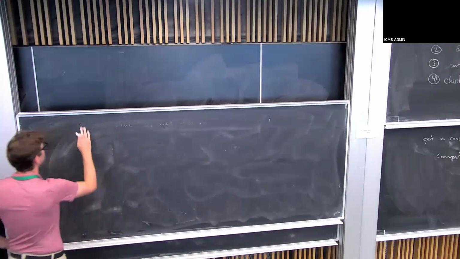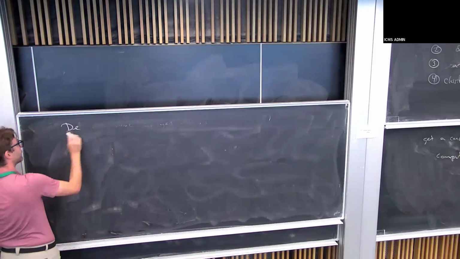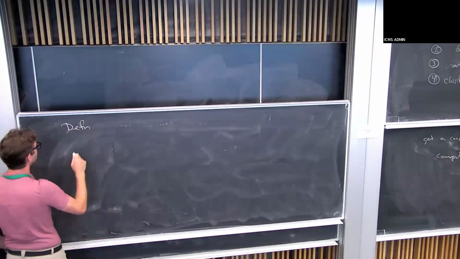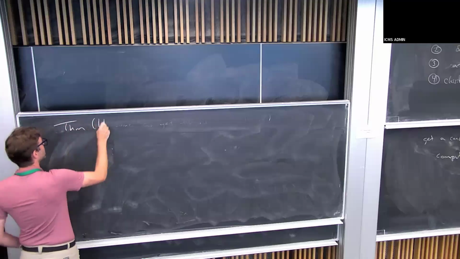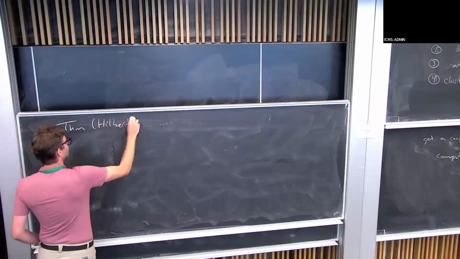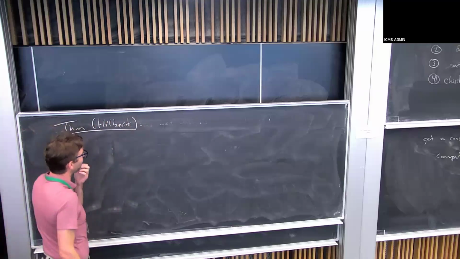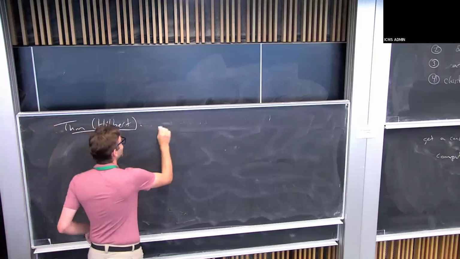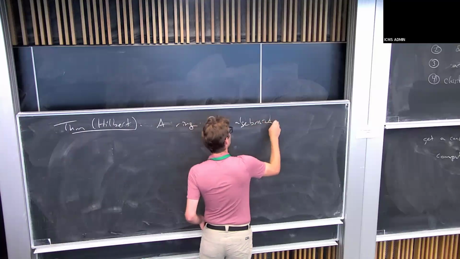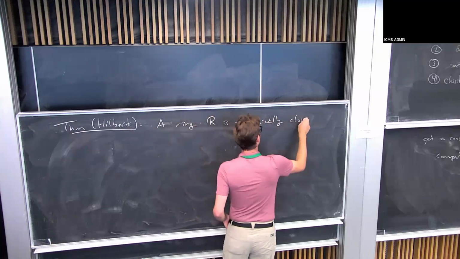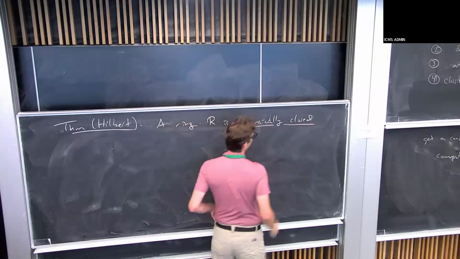A ring is algebraically closed is a definition, maybe or a theorem. Pavel can tell me which of Hilbert's theorems this is. This is called Hilbert's Nullstellensatz.